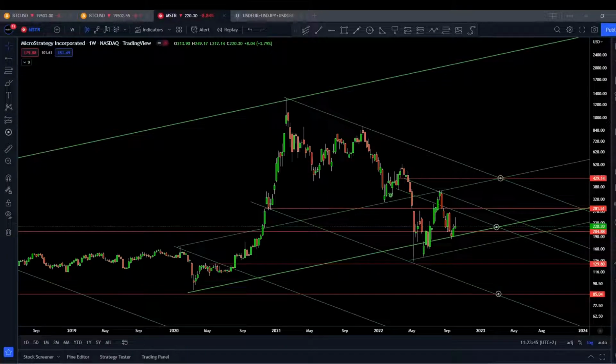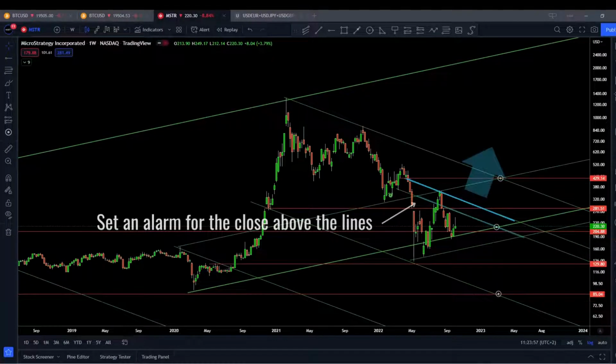on lower time frames. On the other side, to extend a recovery from multi-month lows, the first barriers to clear are the descending channel lines just overhead.